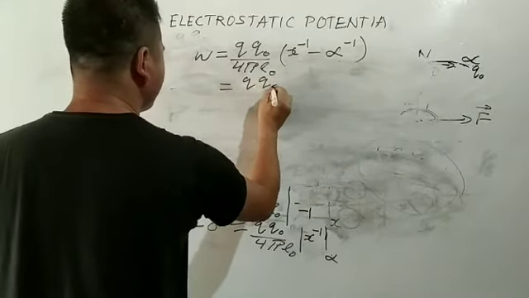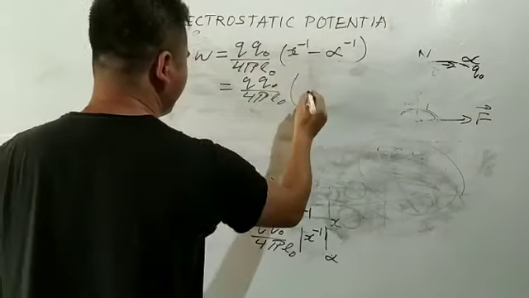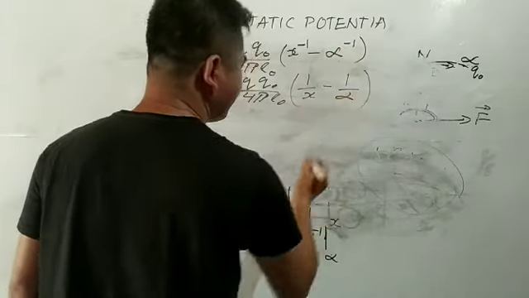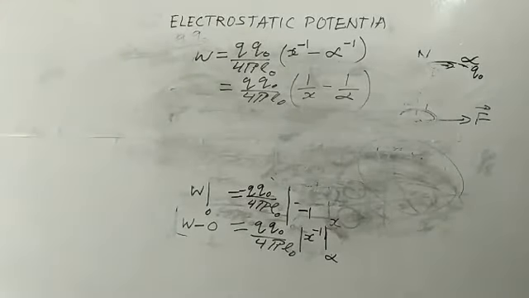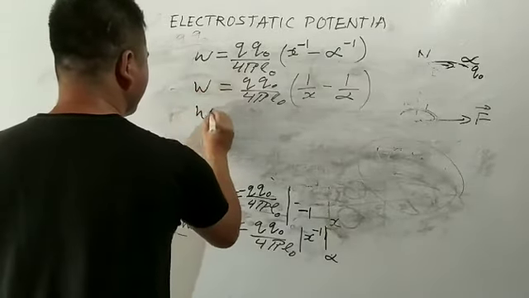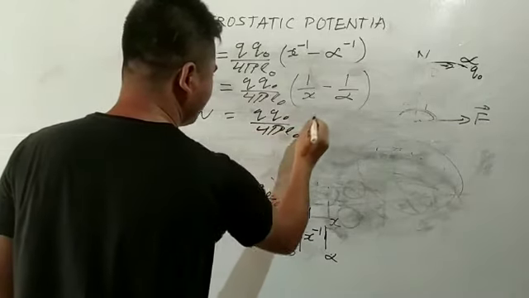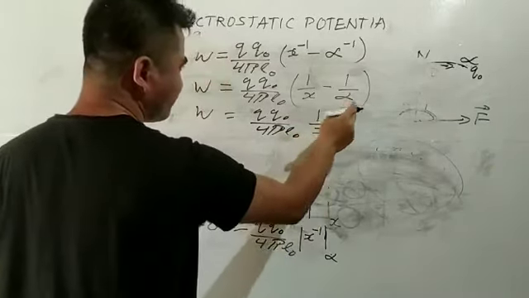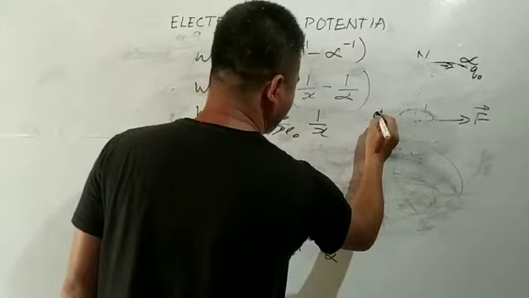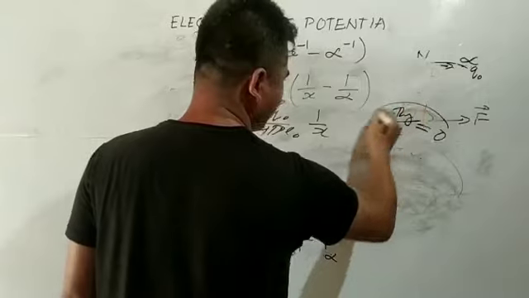So Q naught by 4 pi epsilon naught, this x to the power minus 1 you can write as 1 by x, minus 1 by infinity. What is 1 by infinity? W is Q naught by 4 pi epsilon naught 1 by x. 1 by infinity is 0. Anything divided by infinity is 0.